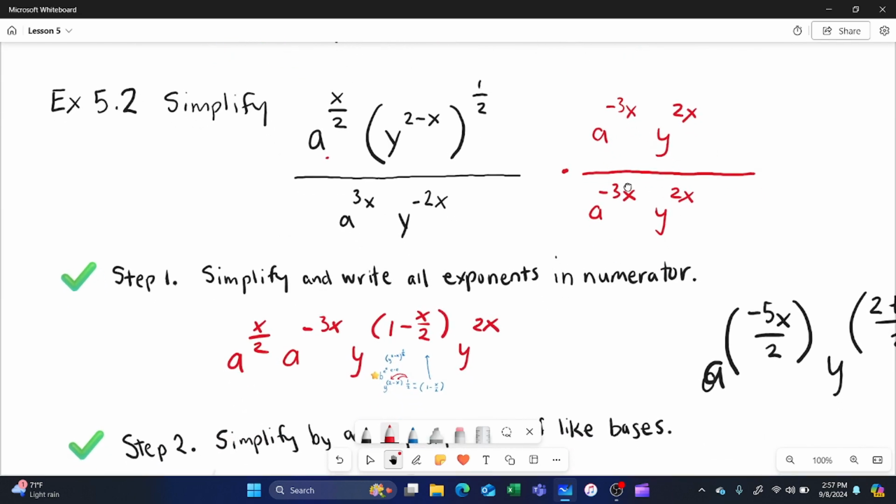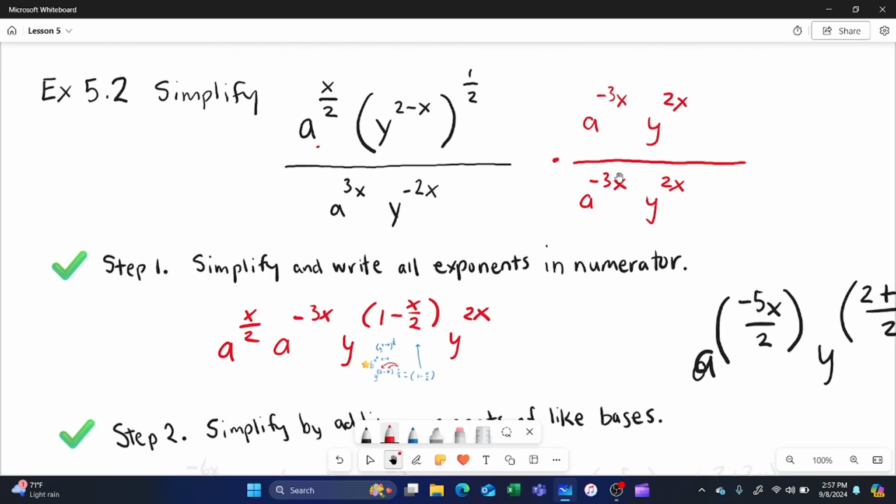All right, moving along to example 5.2. It wants us to simplify this big mess: a to the x over 2 times y to the 2 minus x to the 1/2, over a to the 3x times y to the negative 2x. The first thing we need to do is invert these denominators so we can get it all up into the numerator.